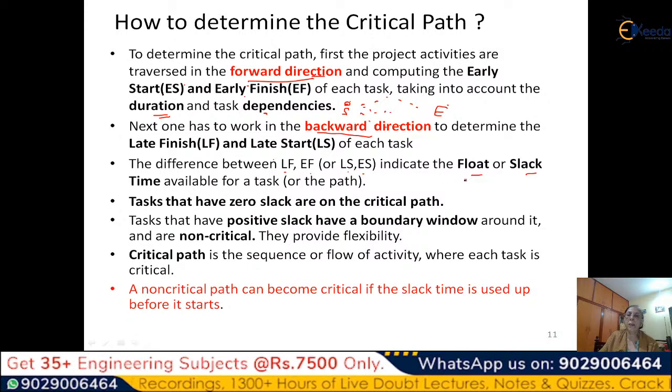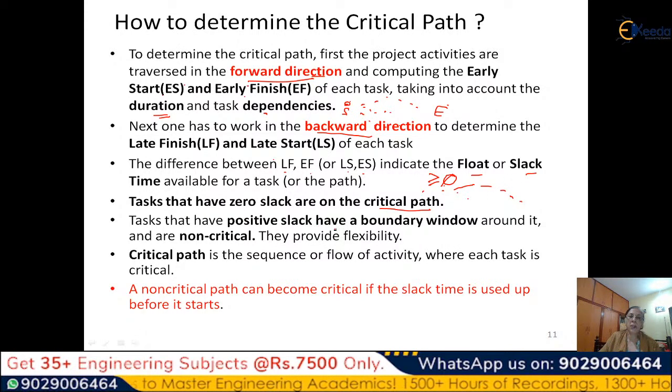The difference can be a positive quantity or it can be 0. If it is 0 slack, then it is a critical activity. All the activities which have 0 slack will be on the critical path. So in total, this path will have no slack.